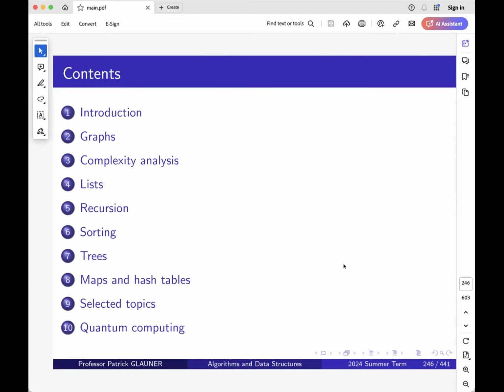In next week's lecture, we will look into sorting, and I'll show you how you can sort a list or some data structure efficiently. We will look at various sorting algorithms. We start with very simple ones and then more complex ones, which we can again express very well in terms of a recursion.